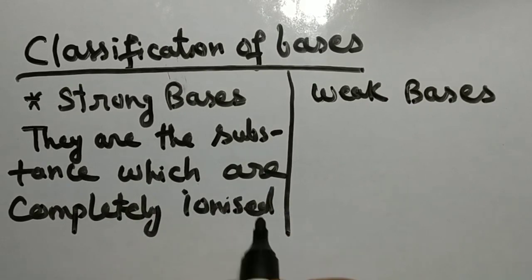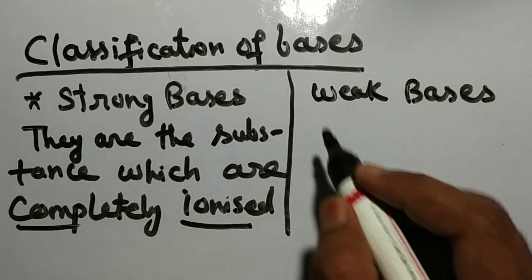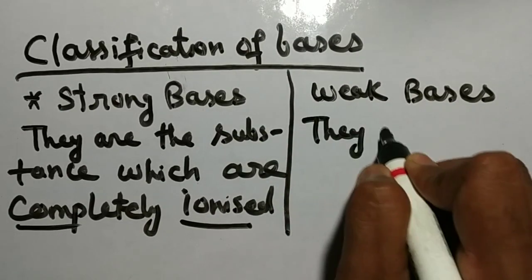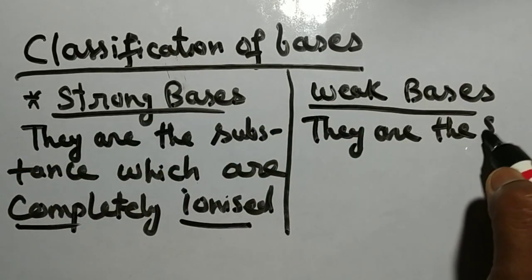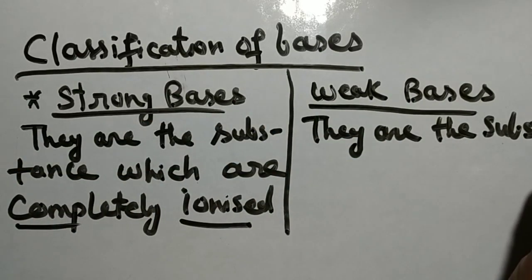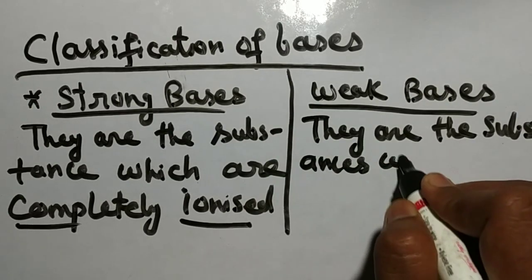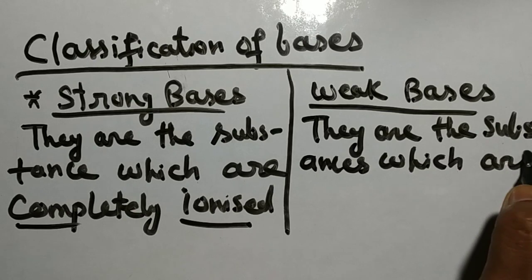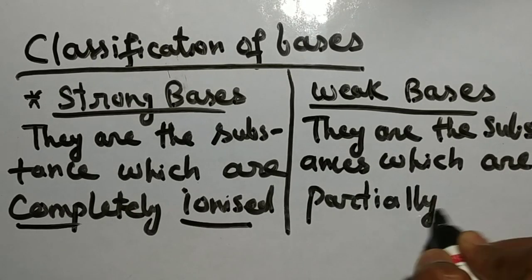As I told you earlier in the previous video, that is the meaning of complete ionization. Weak bases are the substances which are partially ionized.